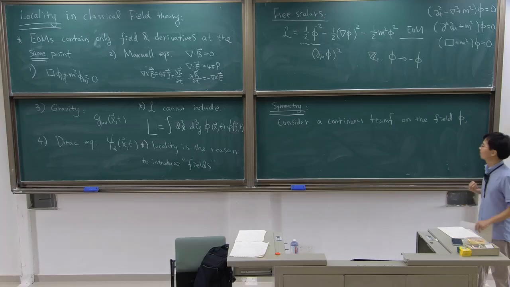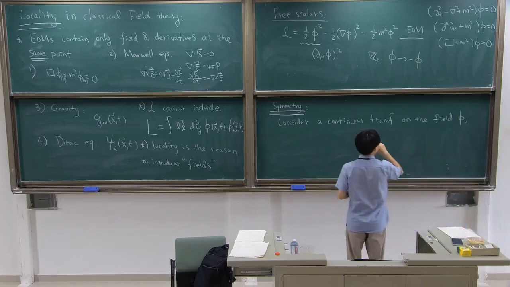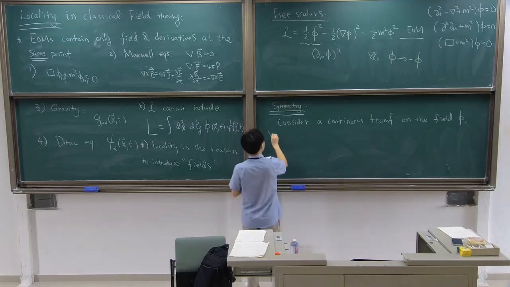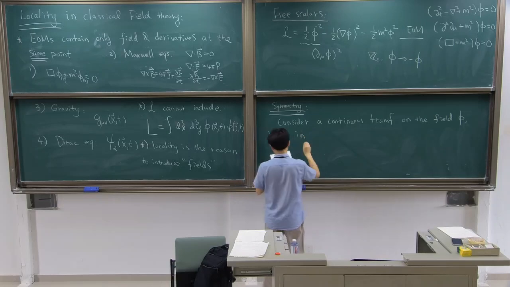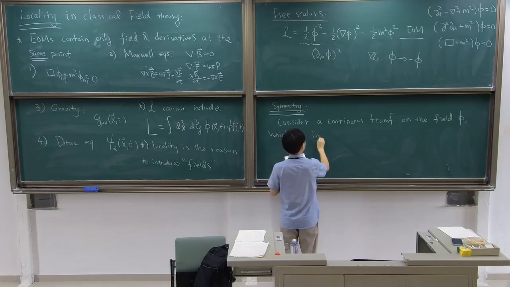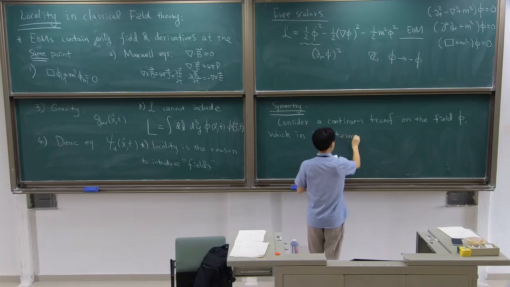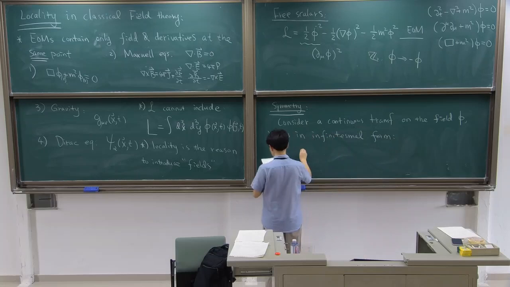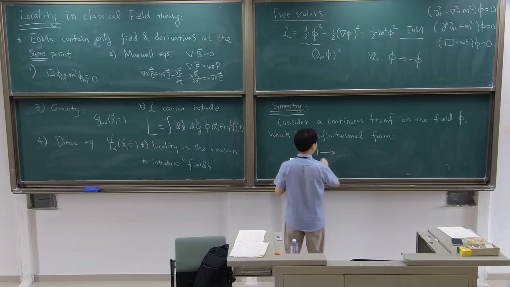So consider a continuous transformation of the field phi. We can always write it in an infinitesimal form, which looks like phi(x) transforms.